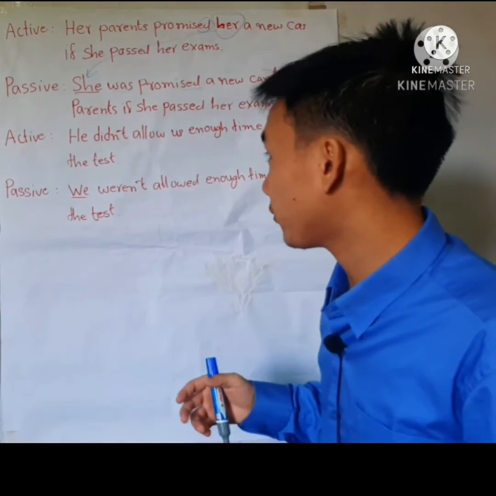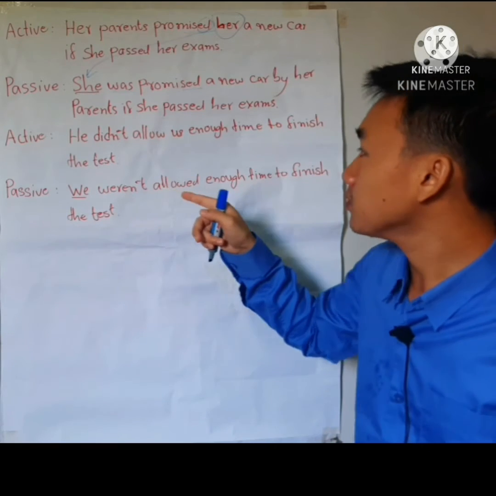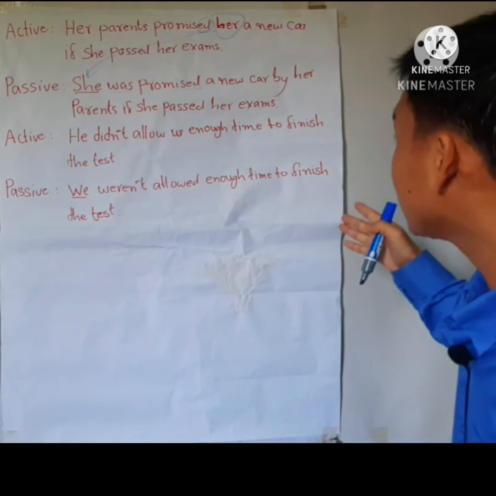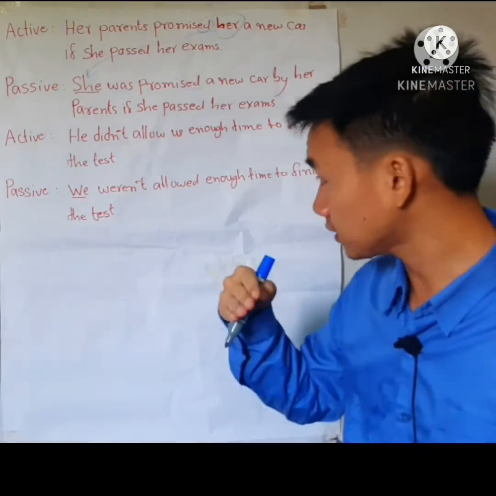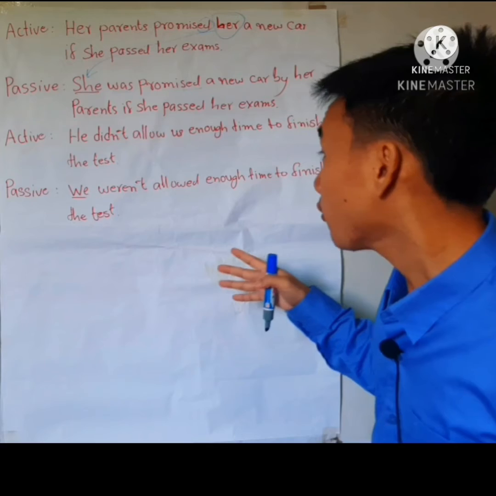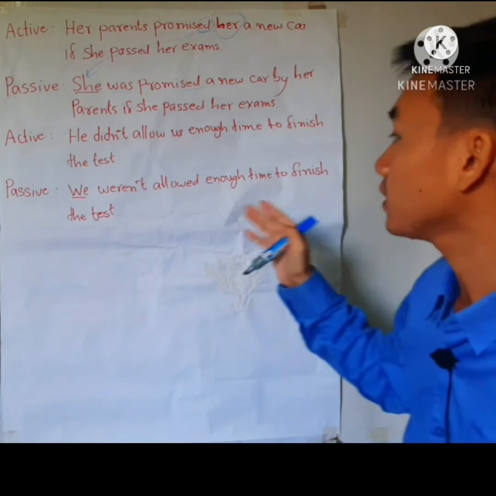The last one for today. Active: He didn't allow us enough time to finish the test. This is the passive: We weren't allowed enough time to finish the test.